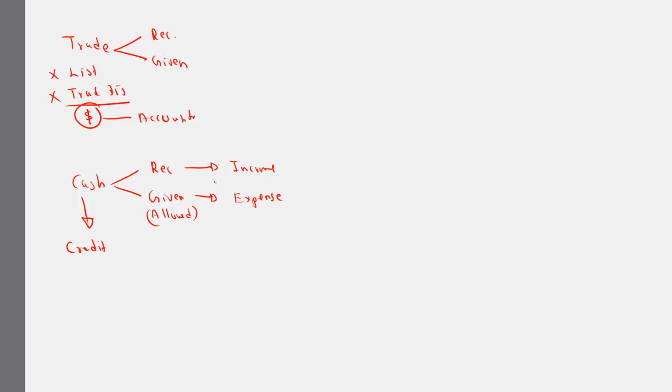Cash discount received is connected with credit purchases, and cash discount given is connected with credit sales. Why is it connected with credit? Because only at the time of settlement of the supplier, or the settlement that my customer makes to me, will we give or receive discount.